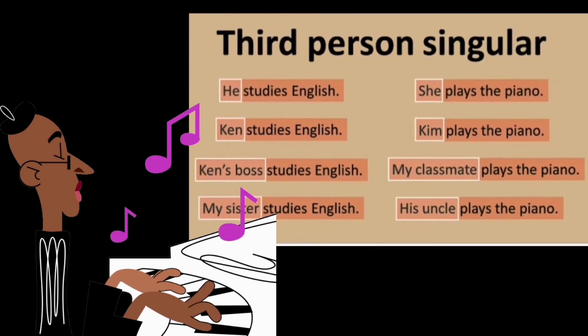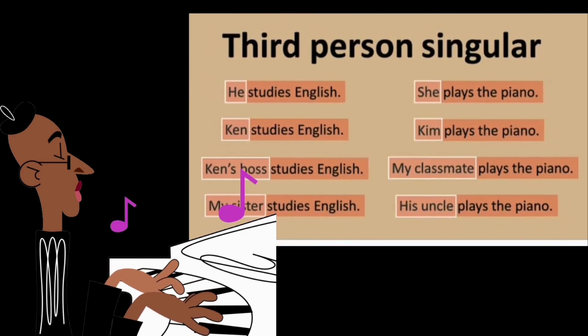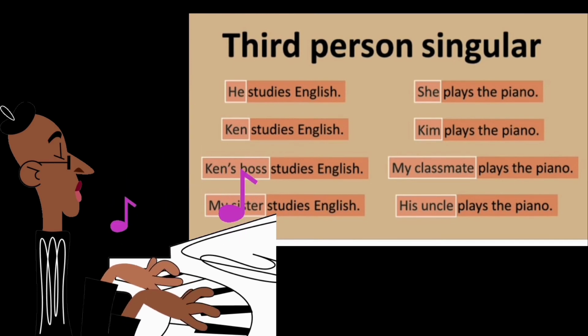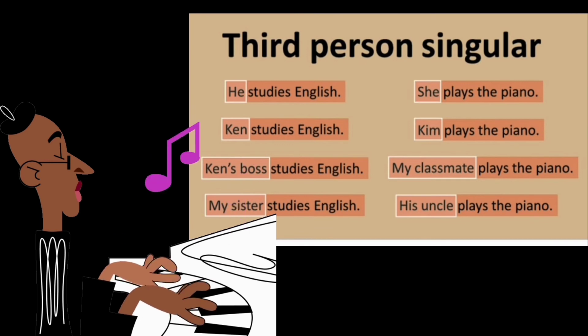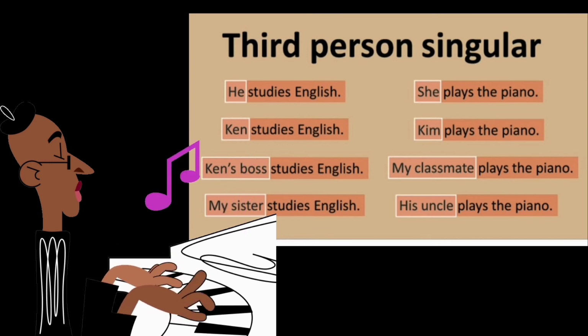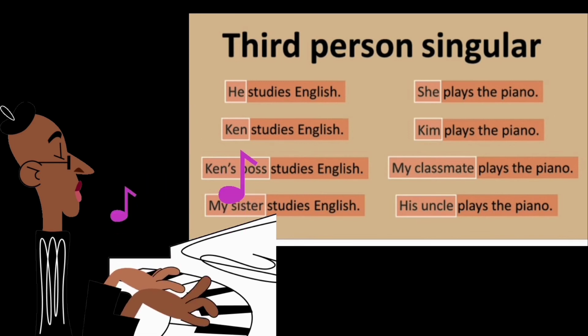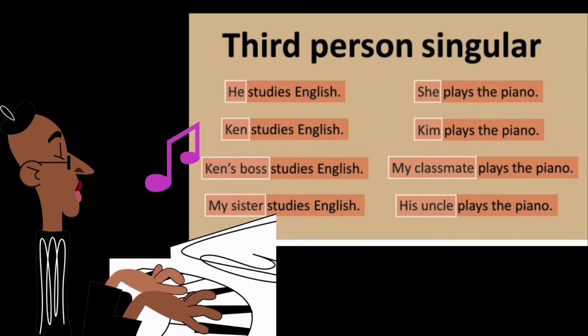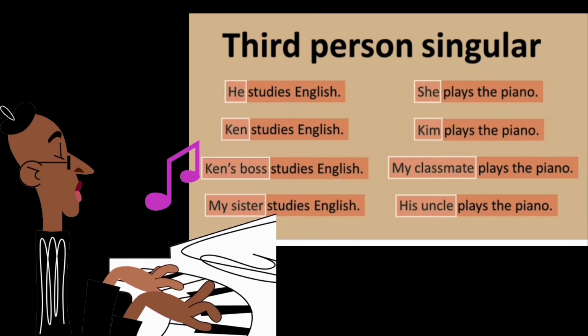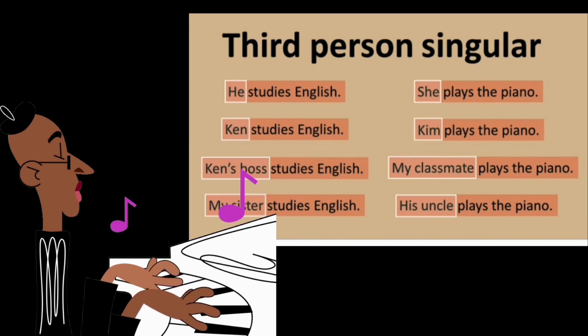Okay, now take a look at some other examples as well. He studies English. Ken studies English. Ken's boss studies English. My sister studies English. She plays the piano. Kim plays the piano. My classmate plays the piano. His uncle plays the piano. So here, in all the sentences, look at the subject.